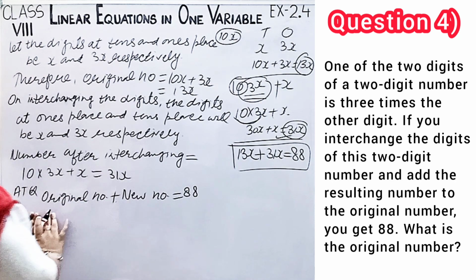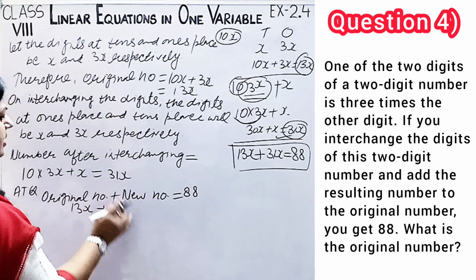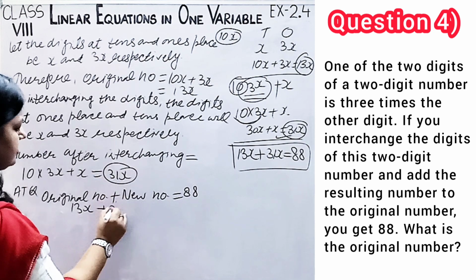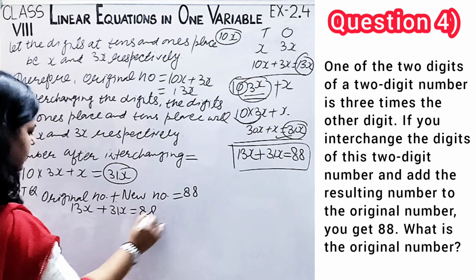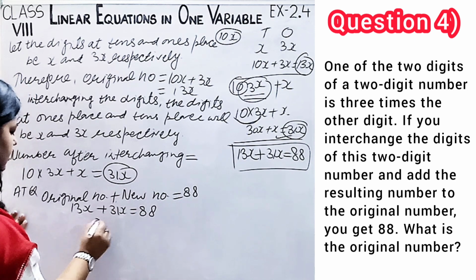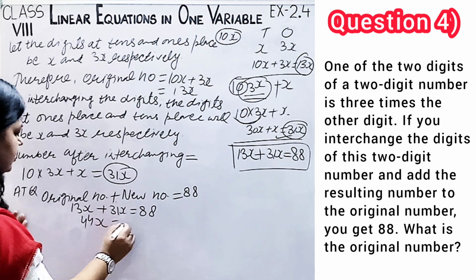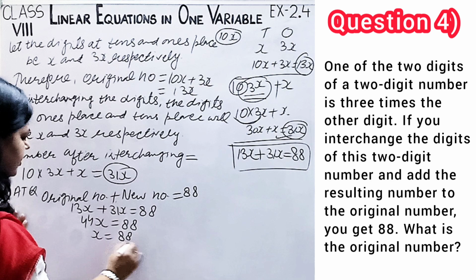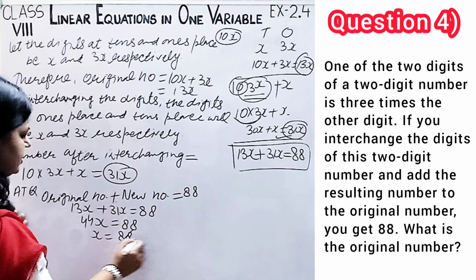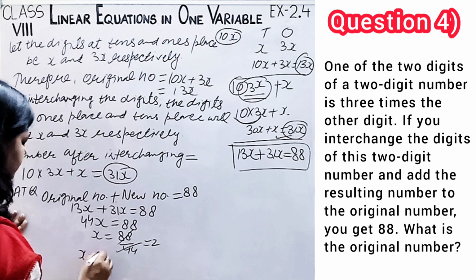So original number is 13x and new number is 31x and result is 88. So adding, 13 plus 31 is 44x equal to 88. x equal to 88 upon 44, cancel out, we got 2. So x is equal to 2.